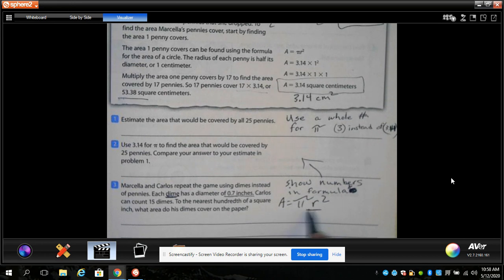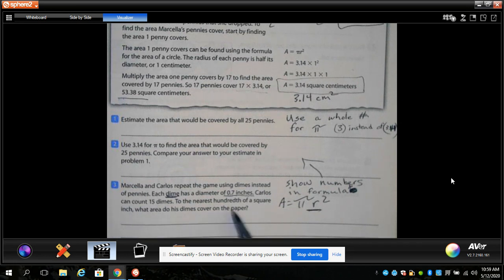You need to make sure you're using the correct dimension for r. If you're putting in 0.7, that is not going to give you the correct answer. So make sure you do what you need to do to the diameter to get your radius. Then you're going to make that calculation, and Carlos can count 15 of them.